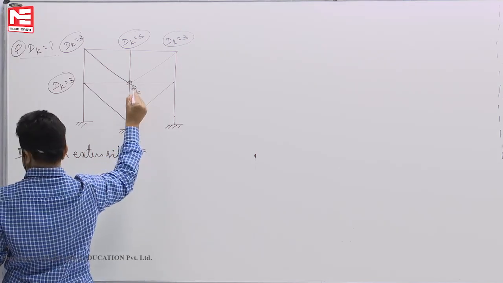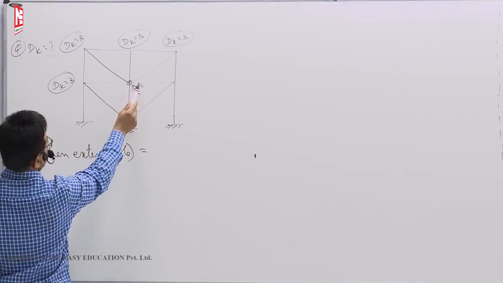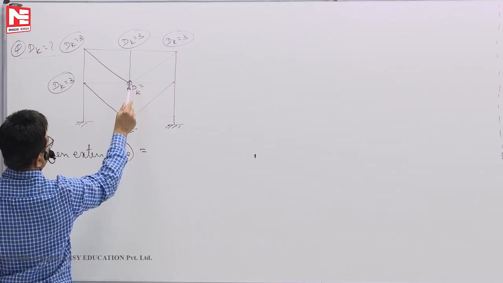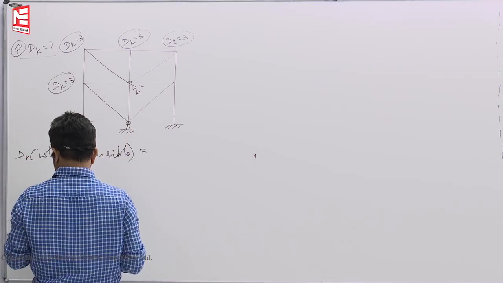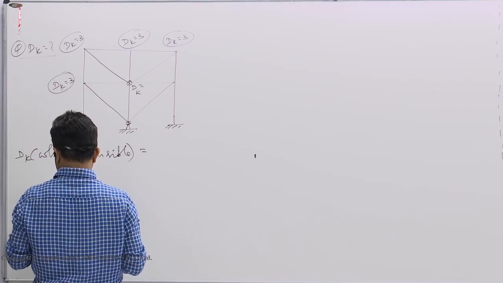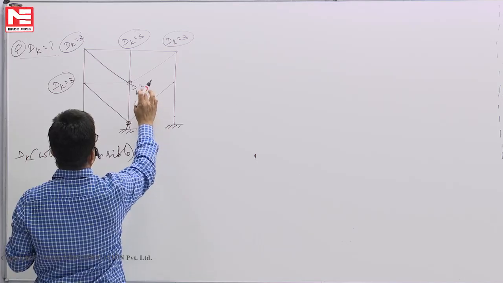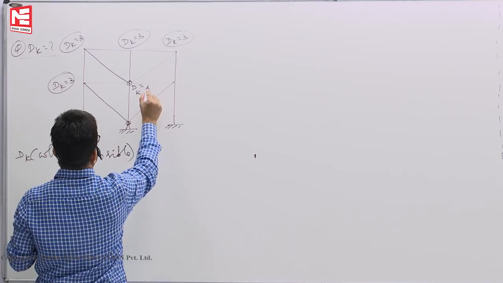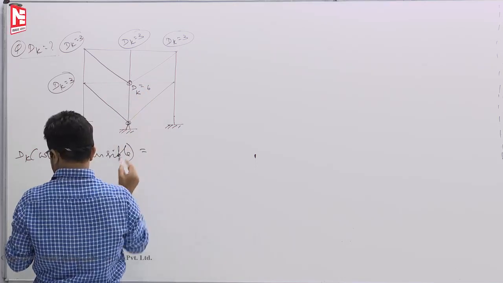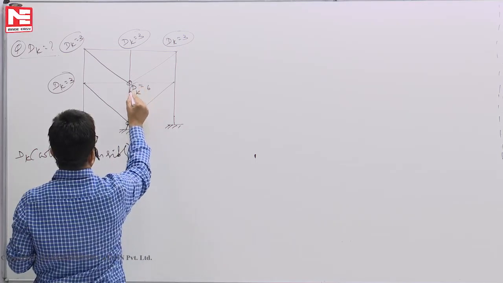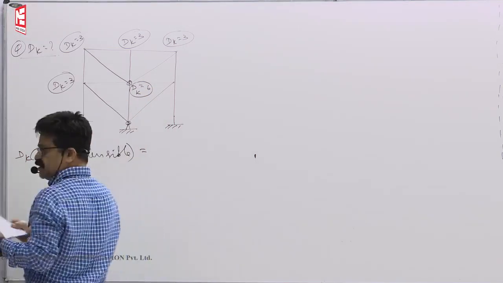So dk is... How much you have to count? How many members are there, you see? 1, 2, 3, 4, 5, 6 members are there. dk is 6. 6 members.